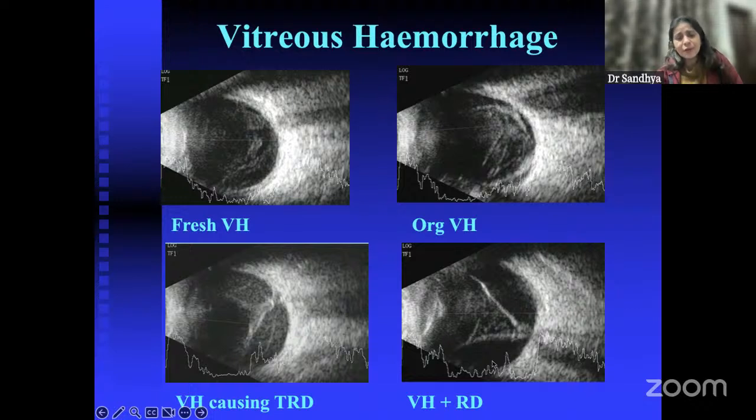So this is an advantage of having a combined A scan. You can find out whether that membrane gives you a higher, medium or low spike. Typically, a retinal membrane, a foreign body, or a densely fibrous tract will give you a higher spike on a combined A scan.